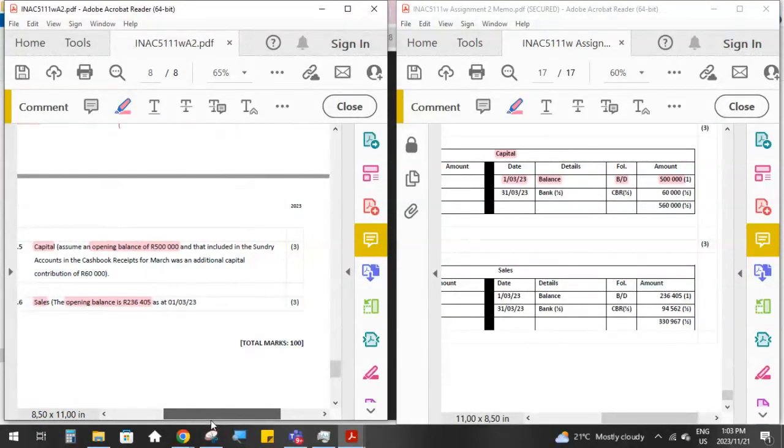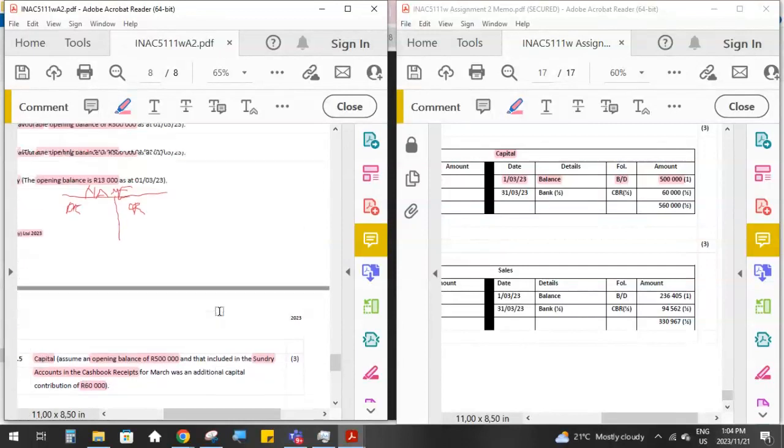They said, assume an opening balance of 500,000, and that included in the sundry accounts column. Because remember, in the cash book receipts, they've only given us the total for the sundry accounts column. We can't see what all the individual general ledger accounts were making up that total. And they've told us included in that there is a capital contribution of 60,000.